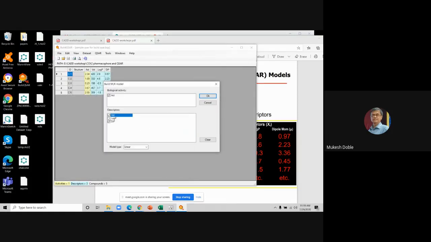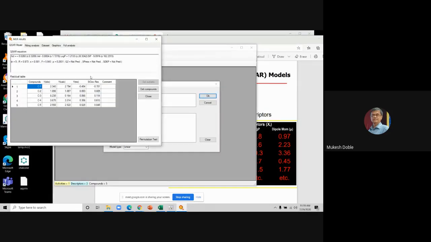Then if I have more data points, I can make even 3 descriptor models. Okay, so I don't know whether it will work. 3 plus 1, 4, 1 degree of freedom. So degrees of freedom will be very bad. I have given all the 3 descriptors, so it comes up. It will do it, but as a person who knows statistics, we should not build these types of models at all. But you can make 3 descriptors also in this.